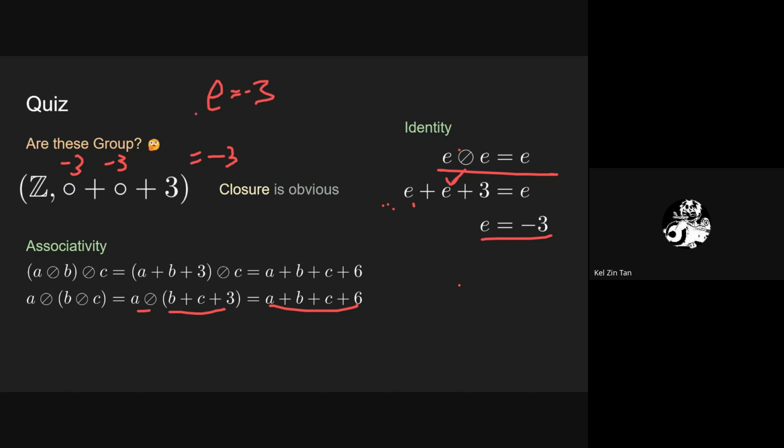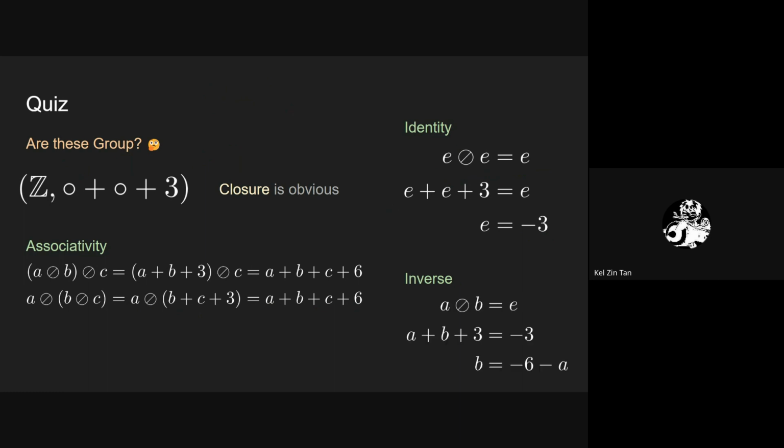So the last one that we look at is whether it has an inverse. If we want to check whether something has an inverse, then we take A and then we take B. We suppose there exists an element B such that when I do A slash B, I'll get E. Then I just expand this out, and I get A plus B plus 3 is this.